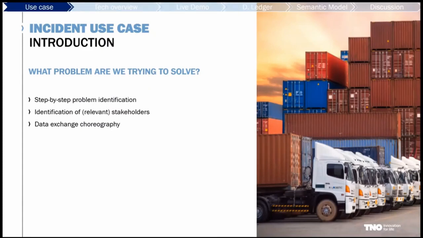Thereby, we identify the relevant stakeholders, so which parties are involved, and we show, not in super detail, we'll get to that later, but in a generic way where data is coming from and who is sharing which data.